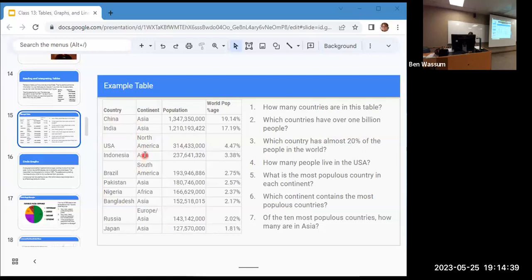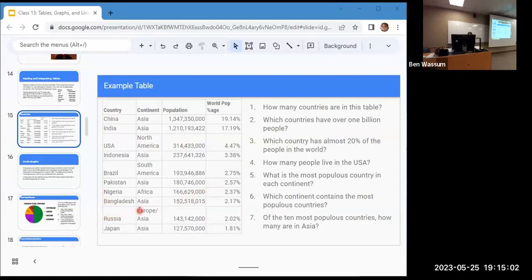Skipping the Asias because we already covered that one, Brazil is in South America with 193.9 million. Skipping Asia, we have Africa, which is Nigeria. That's 166 million.